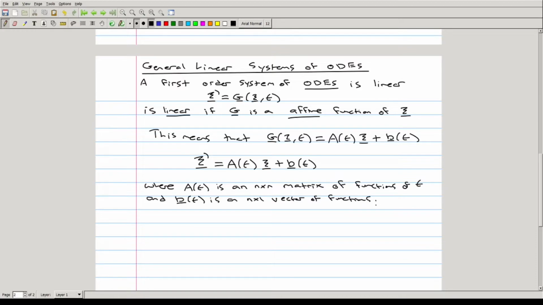And we'll assume throughout that these are continuous for t in some interval from a to b, which we'll call I down below, just for brevity.